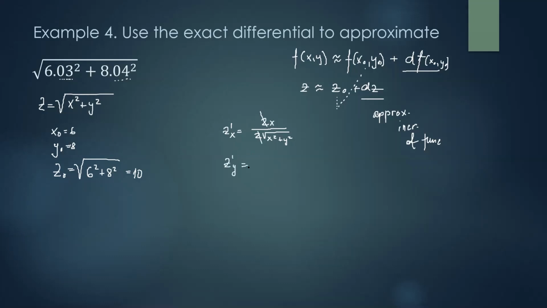And the derivative with respect to y, again the same, 1 divided by 2 square roots, times the derivative of the interior function by the chain rule, which is 2y, and these again disappear. So I could write the exact differential now as x over square root of x squared plus y squared dx plus y over square root of x squared plus y squared dy, simply copying the exact differential.